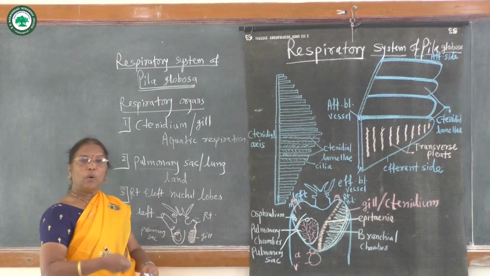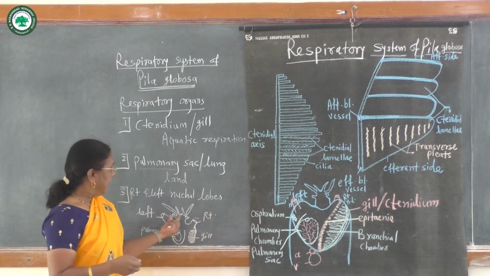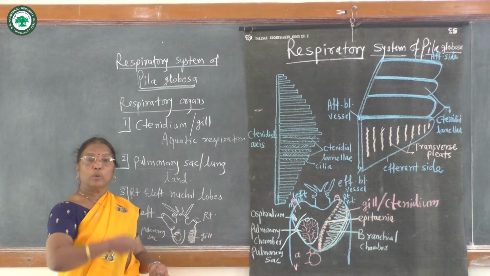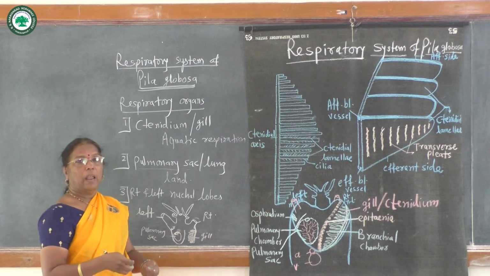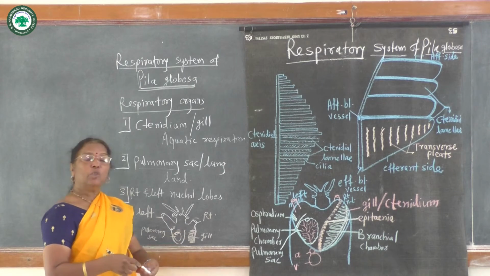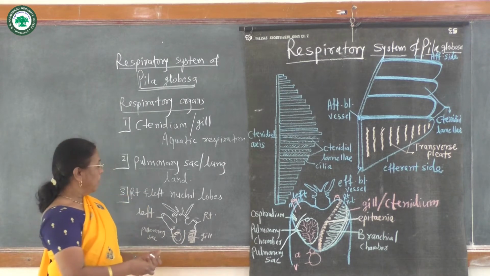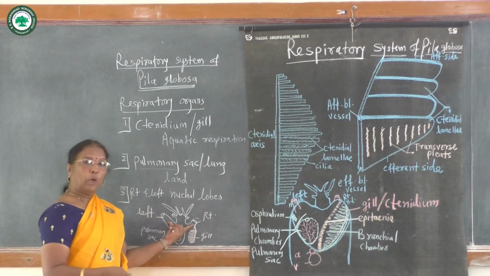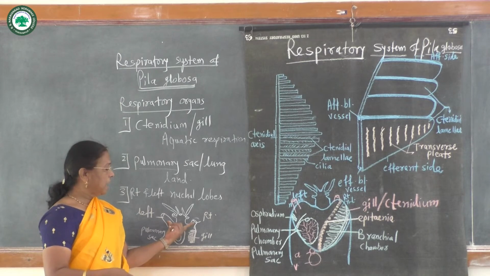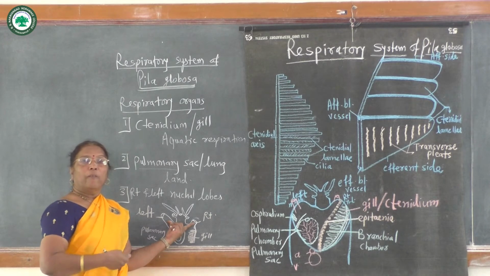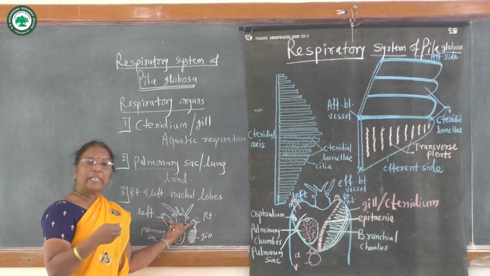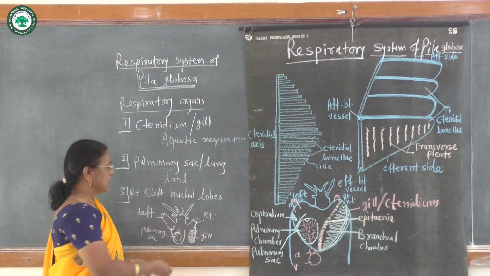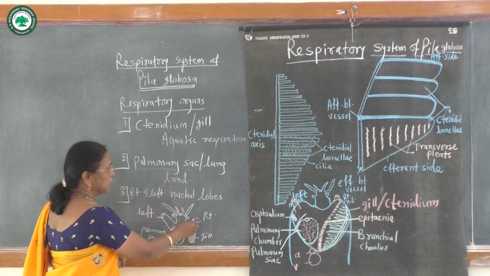When there is a need for respiration, the head and foot protrude out from the shell, and the animal respires with the help of these nuchal lobes. Nuchal lobes are nothing but fleshy or contractile processes of the mantle itself. On either side of the head, there are two processes.